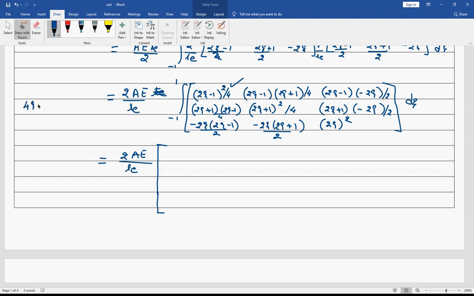So that is 4 xi square. 7 by 6 is the correct answer. Correct. So it is 7 by 6.